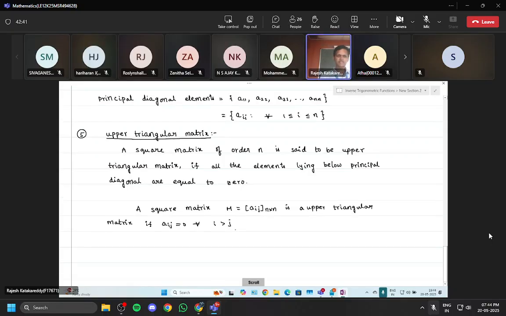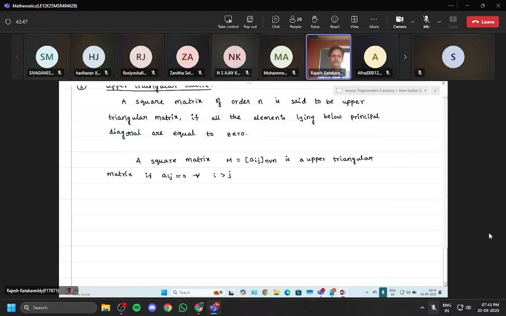So here is an example of an upper triangular matrix, I am giving you examples for order 2, order 3 and order 4 as well. Similarly, you can write the remaining. This is matrix M1: 1, 2, 0 and 3. Principal diagonal is 1, 3.